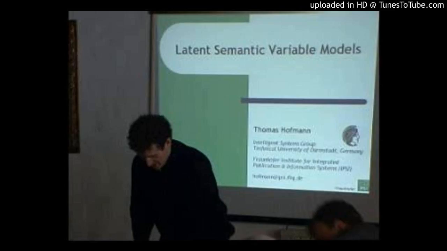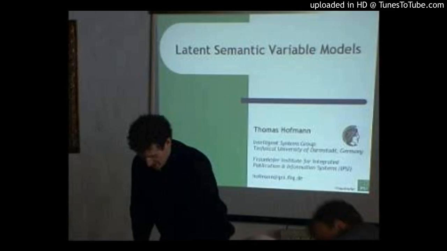The sigma matrix, which contains the singular values, is diagonal, and we choose a particular permutation to make sure they are ordered by size. This number K is the rank of the matrix A, which is bounded by the minimum of n and m, but can be smaller than that, of course.